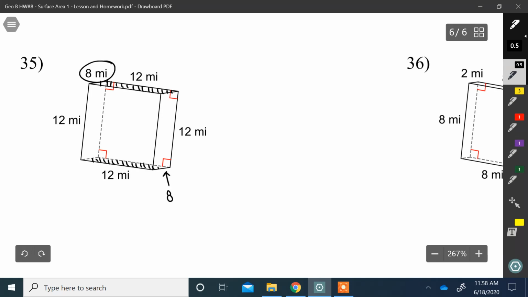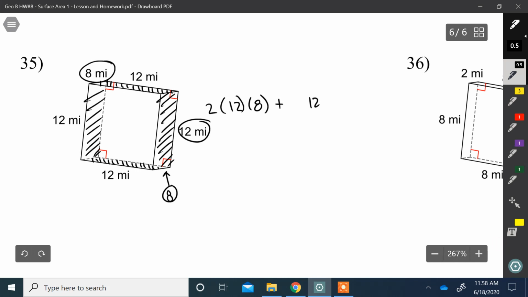I see it right there. Okay, 12 times 8, top and bottom. Since I have 2 of those, I'm going to multiply times 2. Then I have 12 times 8 for this one right here. Okay, so 12 times 8 times 2.